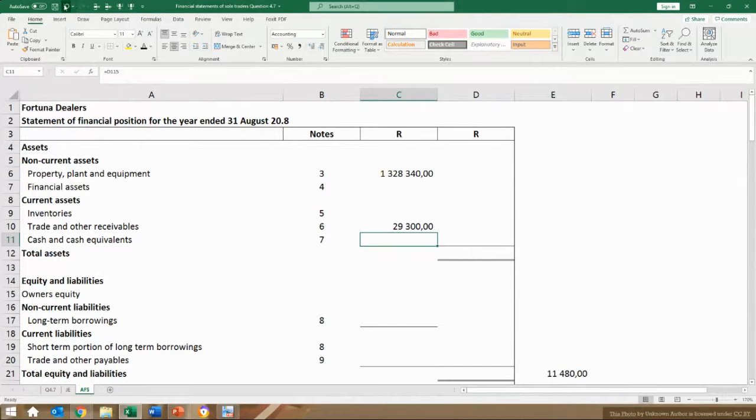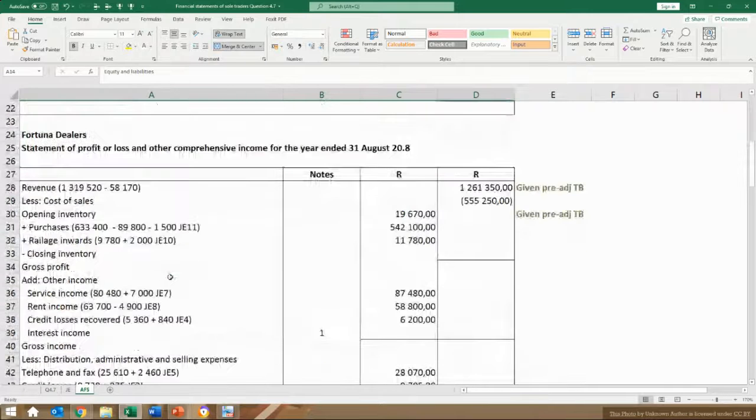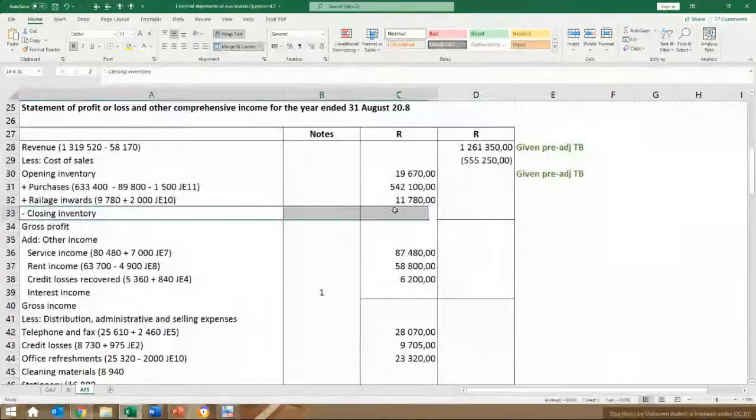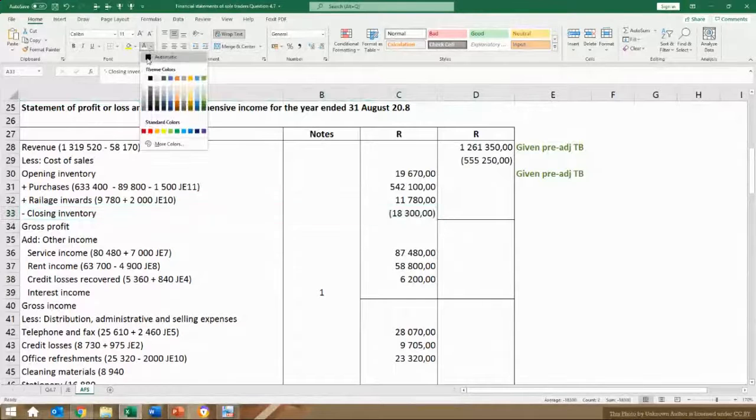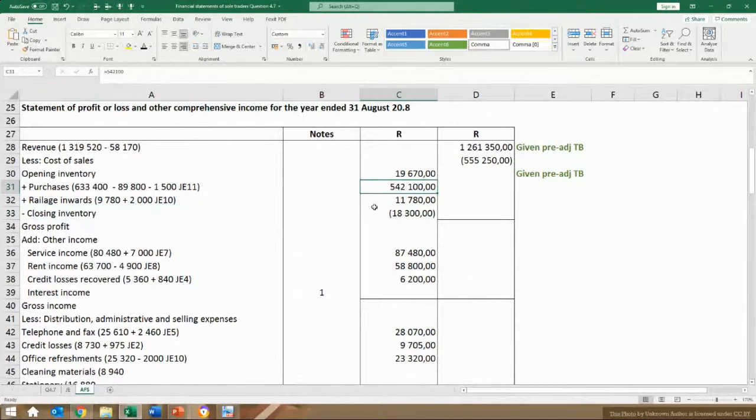Oh, sorry, I have the wrong line item. Trading inventory is up there. Okay, so that agrees to your note disclosure. And then your closing inventory balance is also shown in your calculation here, that we deduct to work out your cost of sales for the year, which is then the 555,000.